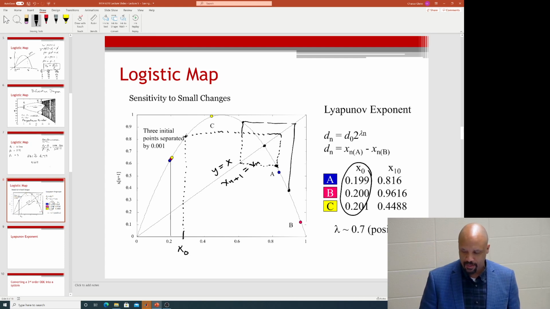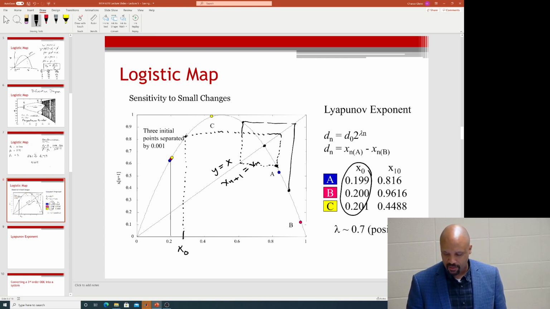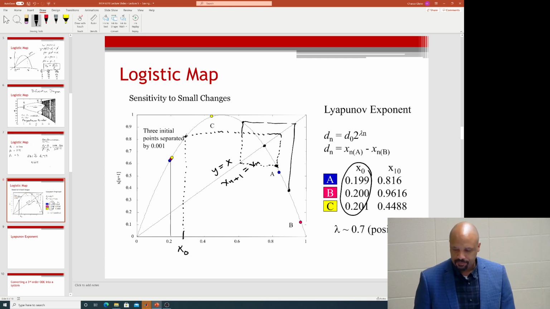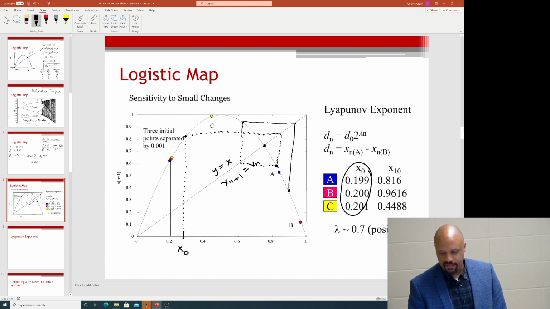You can do as many as you want to, but 10 times in the future to see how different they are. And as you can see, they're no longer only separated by a thousandth. So you take this initial point minus the next iterated point, and you calculate the difference between those, and you can get this exponent.